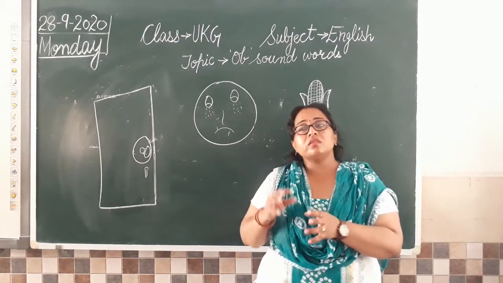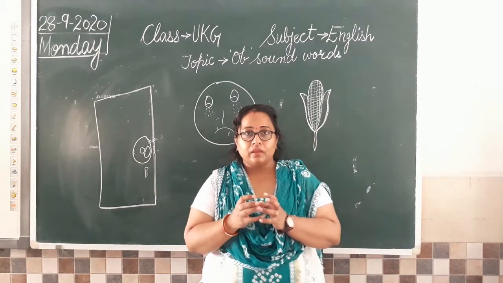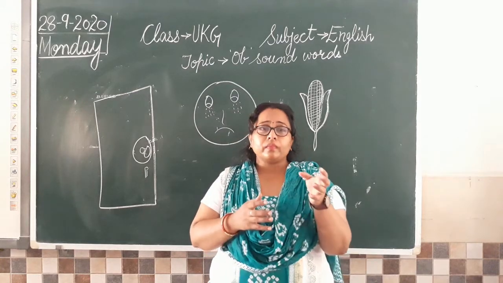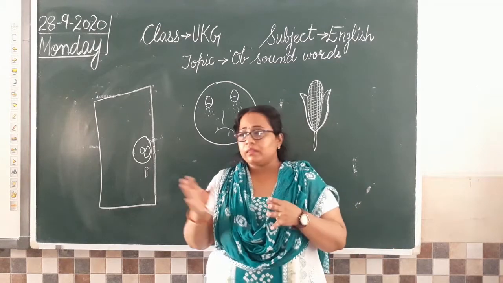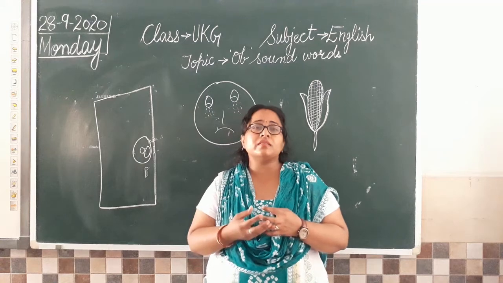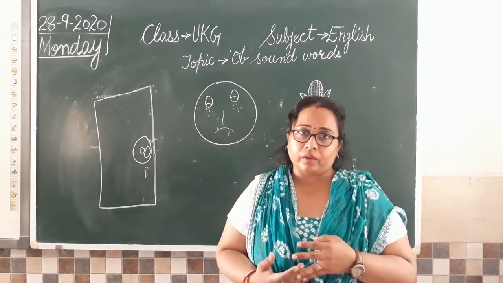Clear? So this is how you have learned to frame small sentences. I hope you all are practicing that. How you are framing small sentences. This is my bag, that is my bottle. So try to converse in these sentences. Like this, you are going to develop your vocabulary also.